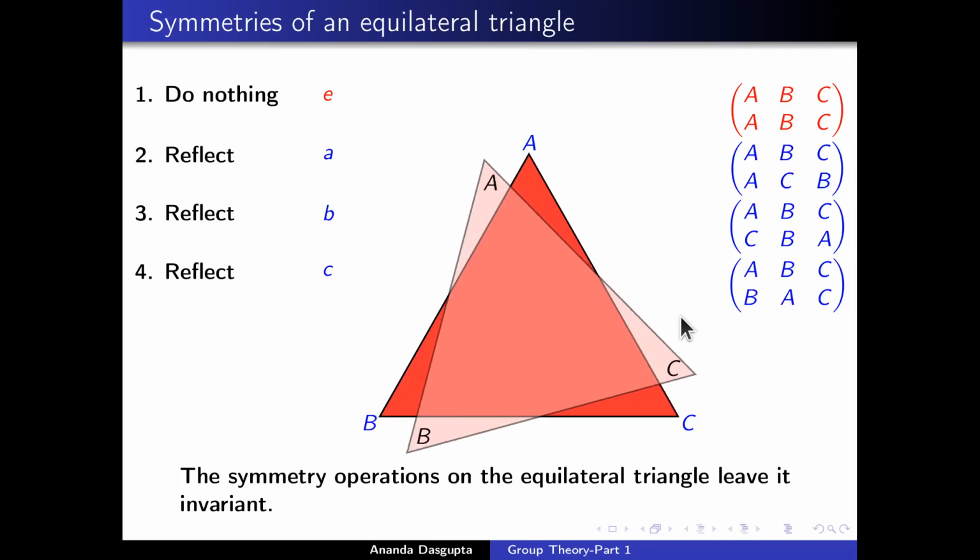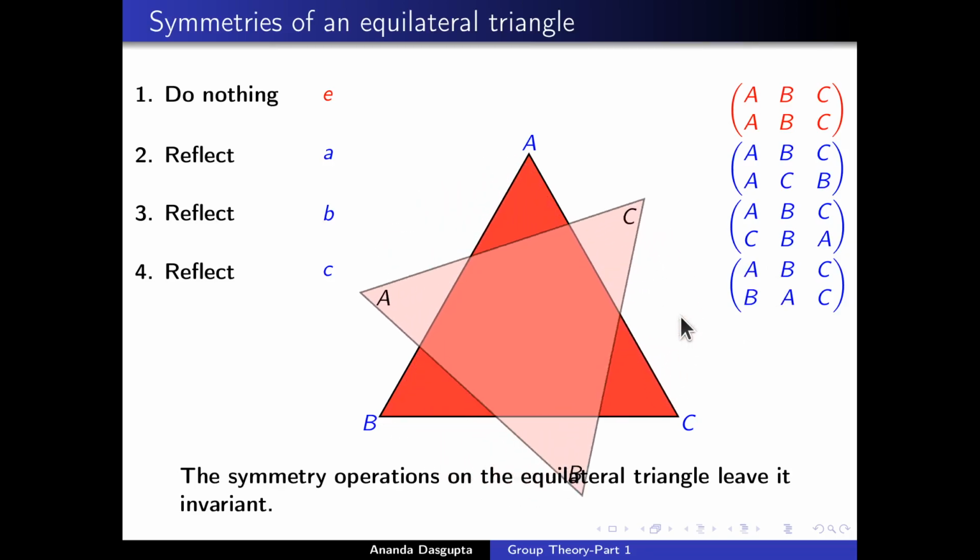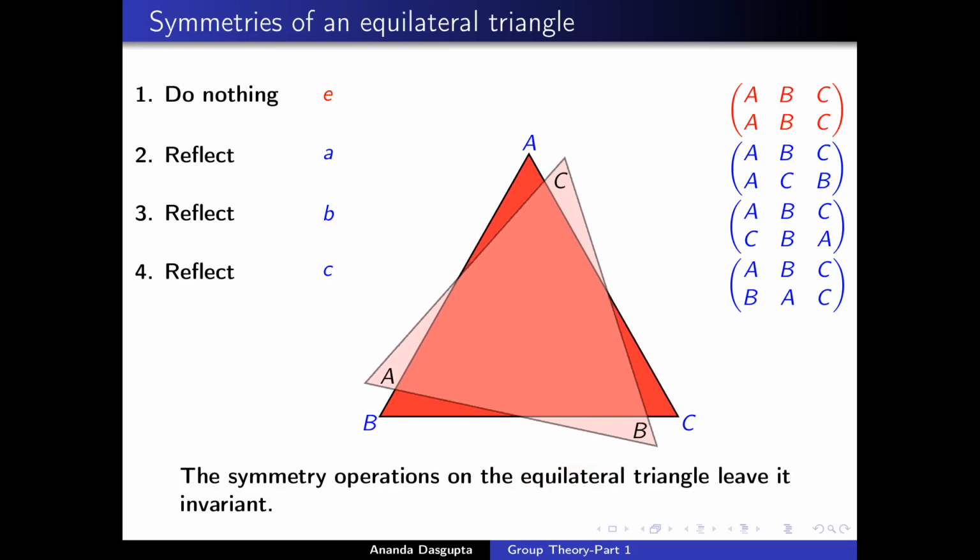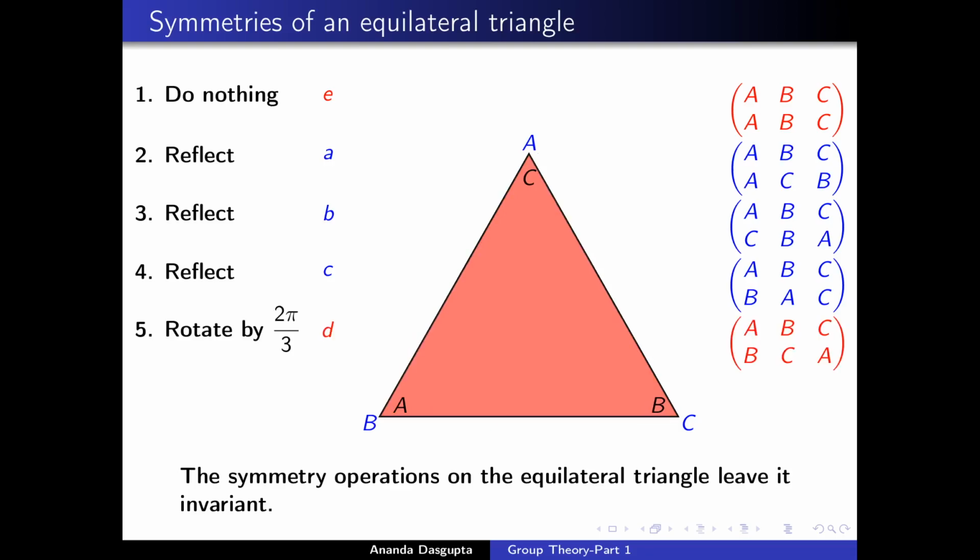Well, then we come to another different kind of symmetry operation, which is a rotation. Now, as you can see, an arbitrary rotation will leave the triangle in a configuration which is different from the original configuration, so you should be able to tell whether something has been done. However, if you rotate exactly by 2 pi by 3, which is 120 degrees, then you should not be able to tell whether a rotation has been done at all or not.